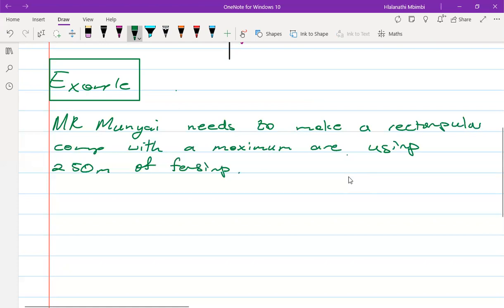So we need to find the area of this camp. Just to give you an example.